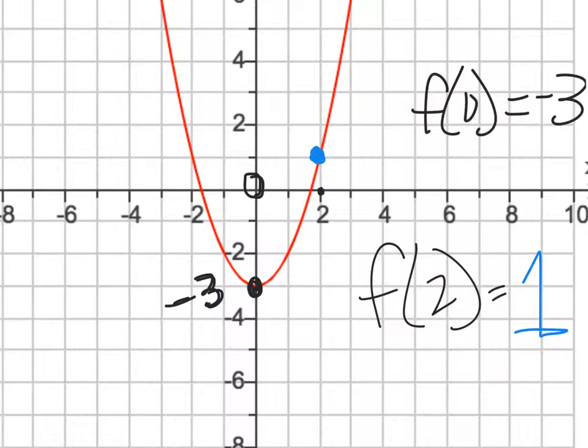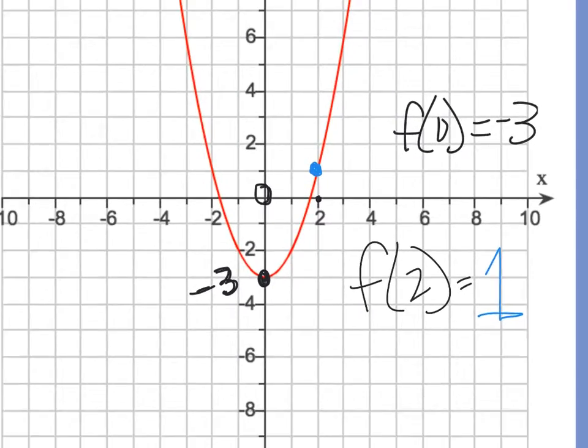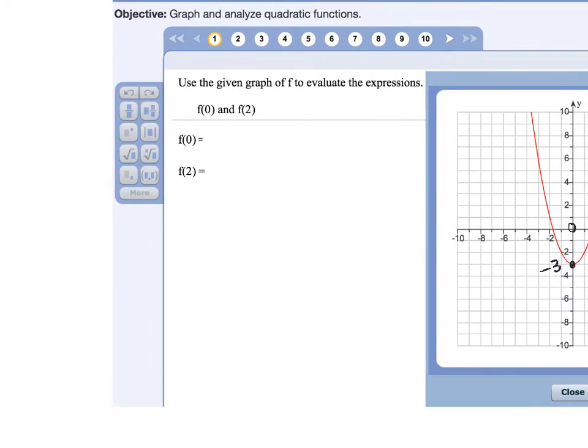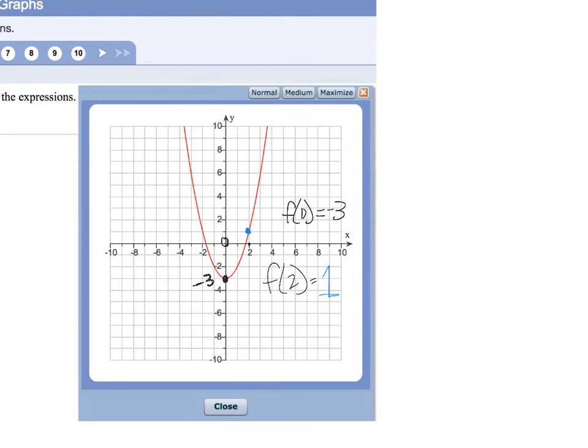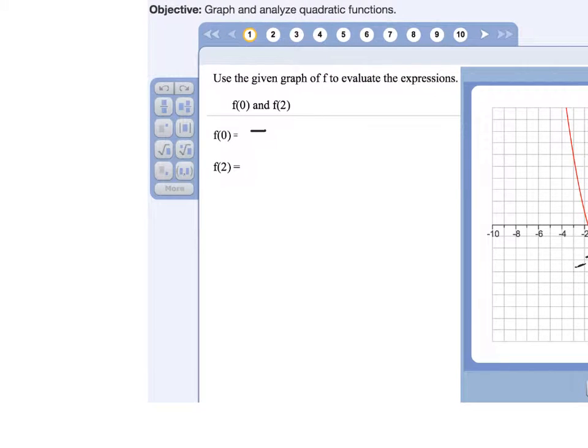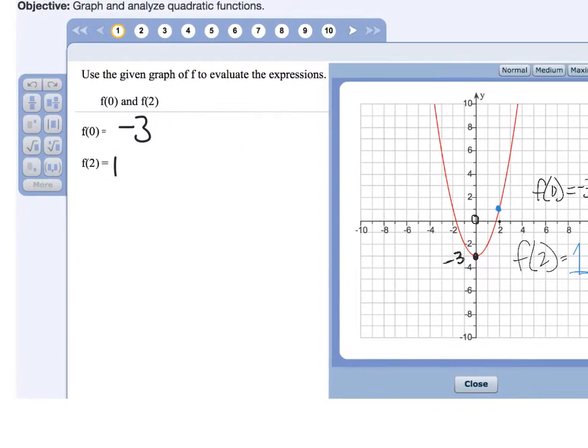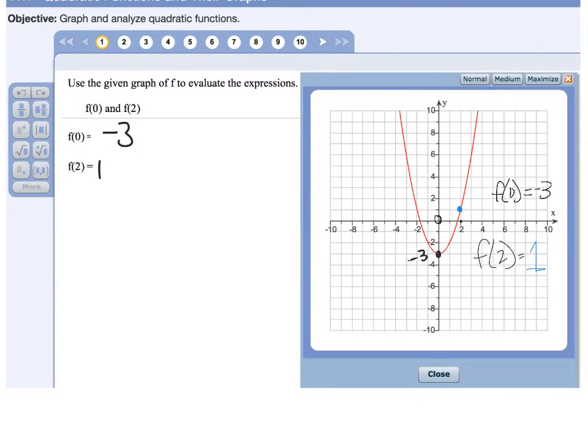Those are your two answers that you're going to input into MyMathLab. Basically, when x was 0, y was -3, and when x was 2, y was 1.